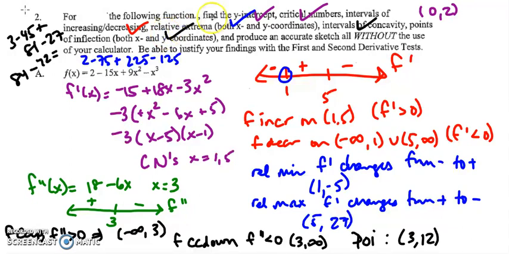An accurate sketch. So the way to do an accurate sketch, and I'm going to do it really small, if you don't mind. So I'm going to have y-intercept. I'm going to have relative min at 1, negative 5, relative max at 5, 27, point of inflection at 3, 12, and here I go.